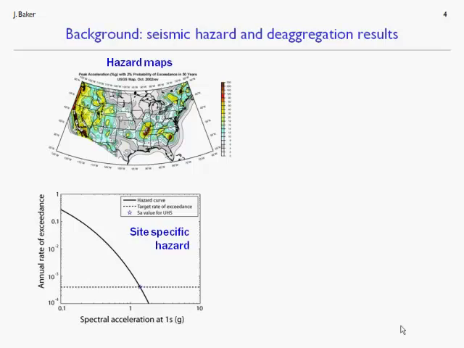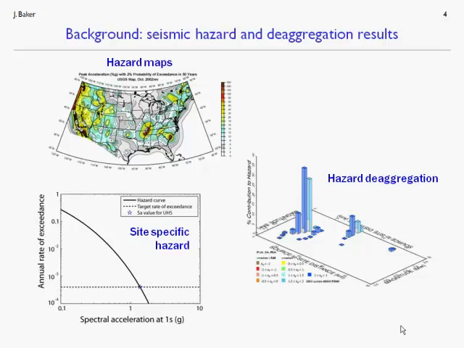In this lower left figure, I've plotted spectral acceleration at 1 second versus the annual rate of exceedance of each spectral acceleration amplitude. What the map up top shows is just the amplitude at some specific rate of exceedance associated with that target probability. But we could choose any other rate of exceedance and find also an associated spectral acceleration amplitude.